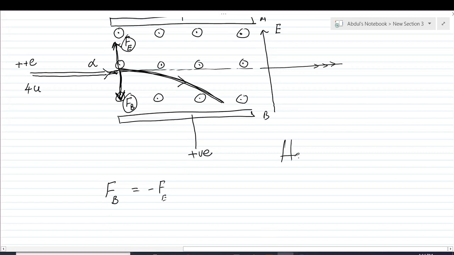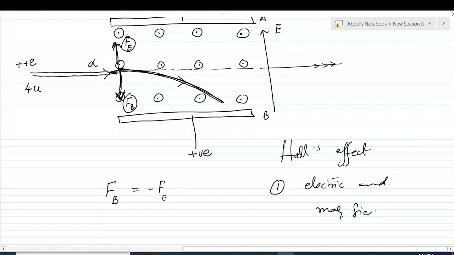So for the Hall's effect, number one, electric and magnetic fields must be perpendicular to each other.